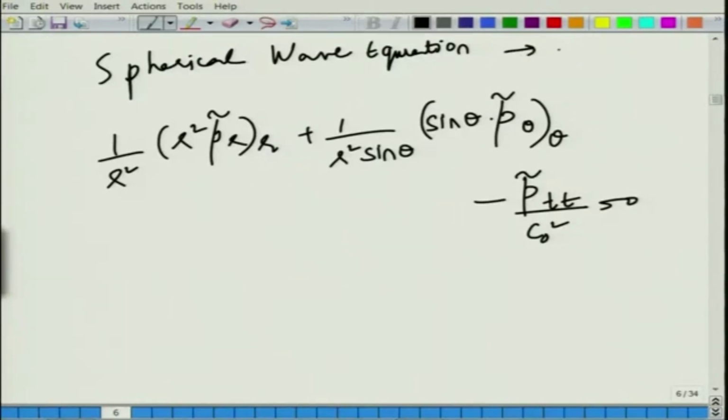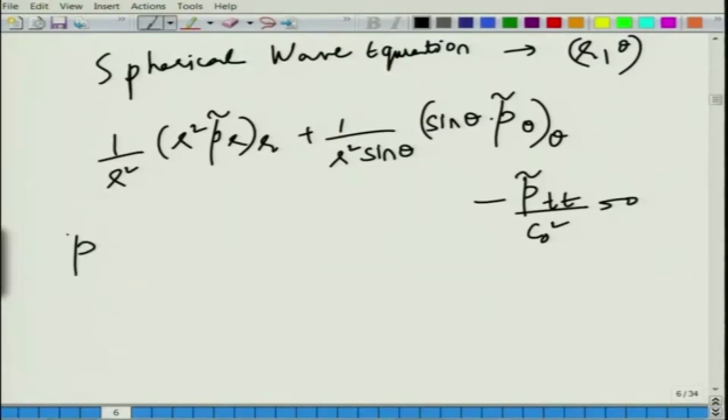Spherical coordinates comprise r, the radius, theta, the polar angle, and phi, the azimuthal angle. We have not considered the phi coordinate. Let us be happy with only the r and theta coordinates and go about solving this equation.